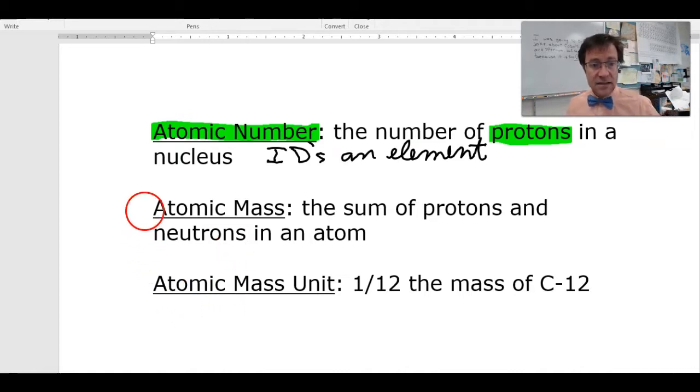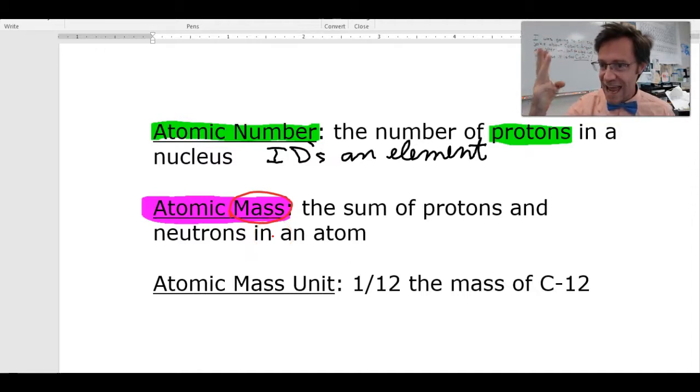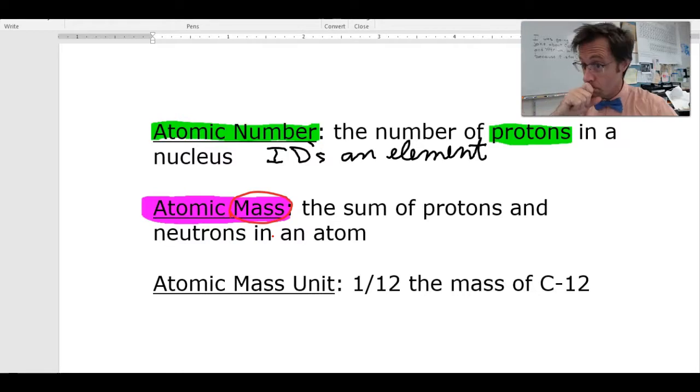And then atomic mass. This is different from atomic number because this is the mass of an atom, right? We just talked about the 3 things that make up an atom: protons, neutrons, and electrons. Let's start where we started, with the electrons. How much mass do electrons have? I'll give you a minute to scroll back up and look.